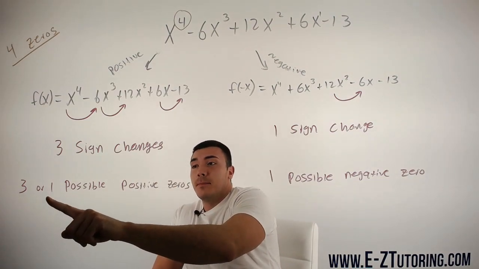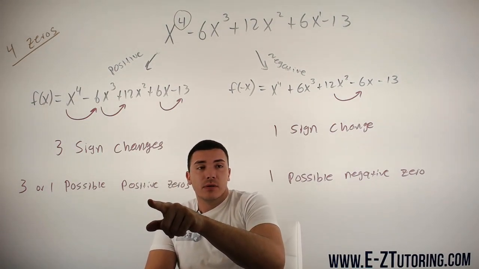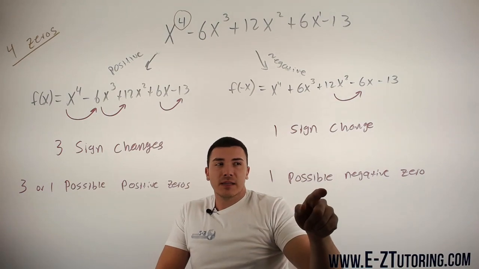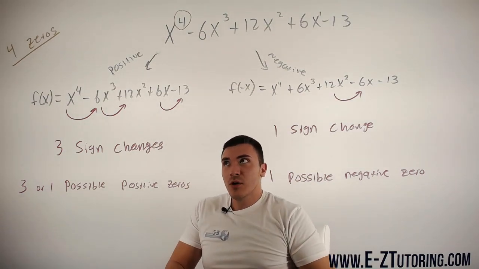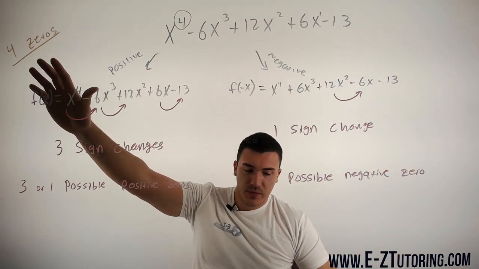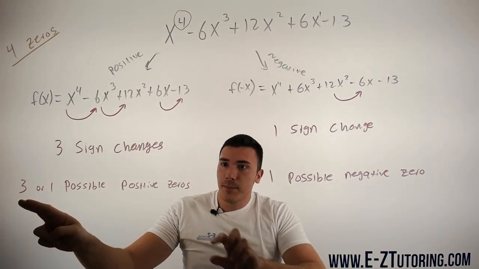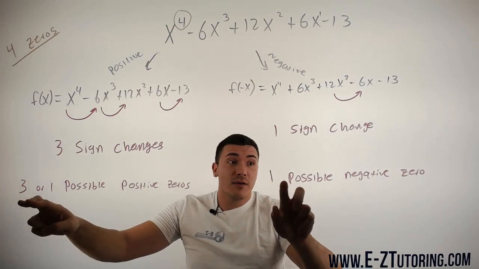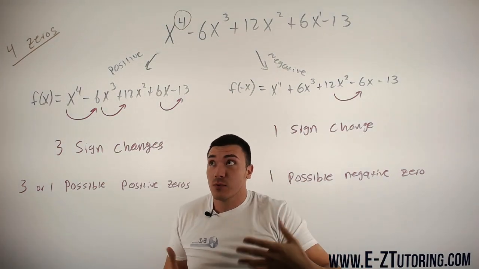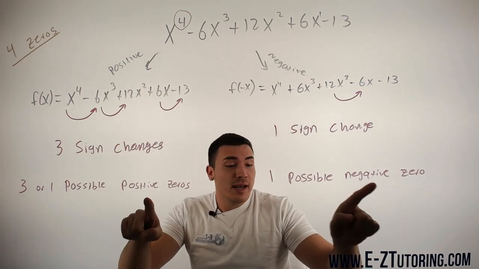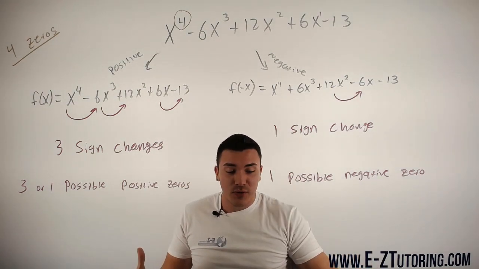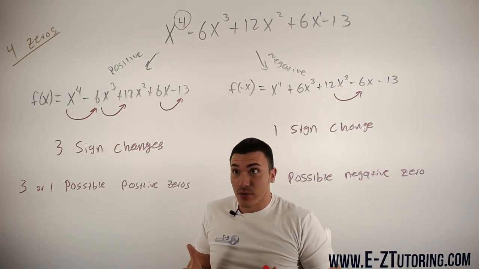If we have 1 possible positive zero, then we have 1 possible negative zero, and that's only 2 zeros. But we know that there are 4 zeros in total. So if you have 3 positive zeros and 1 negative zero, that makes 4 zeros and we're done. But if we have 1 positive zero and 1 negative zero, we're only at 2 zeros. We are missing another 2 zeros.